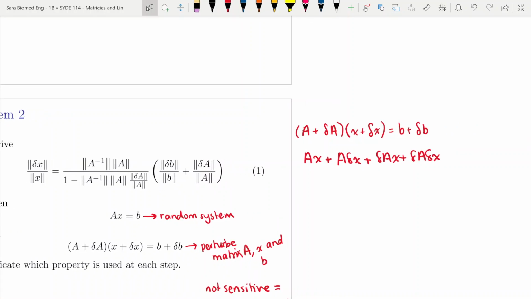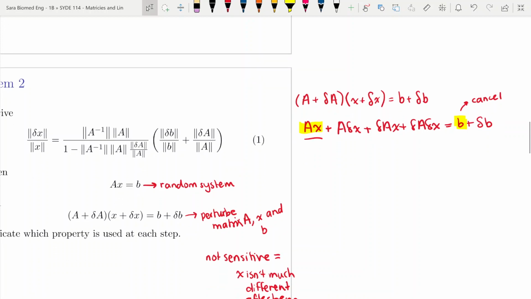As you can see here, this is what we have in the second equation here, so we can just cancel them out. So what's left is A times delta x plus delta A x plus delta A delta x equals delta b. Basically cancel out these two terms, right?